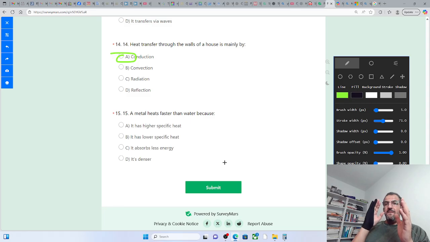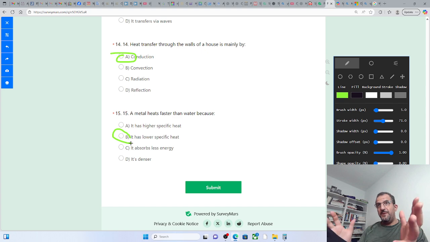That means they have less resistance to flowing heat. So the right answer here is B. Metals have lower specific heat. However, water, for example, has higher specific heat. So I can say that metals are very good thermal conductors.